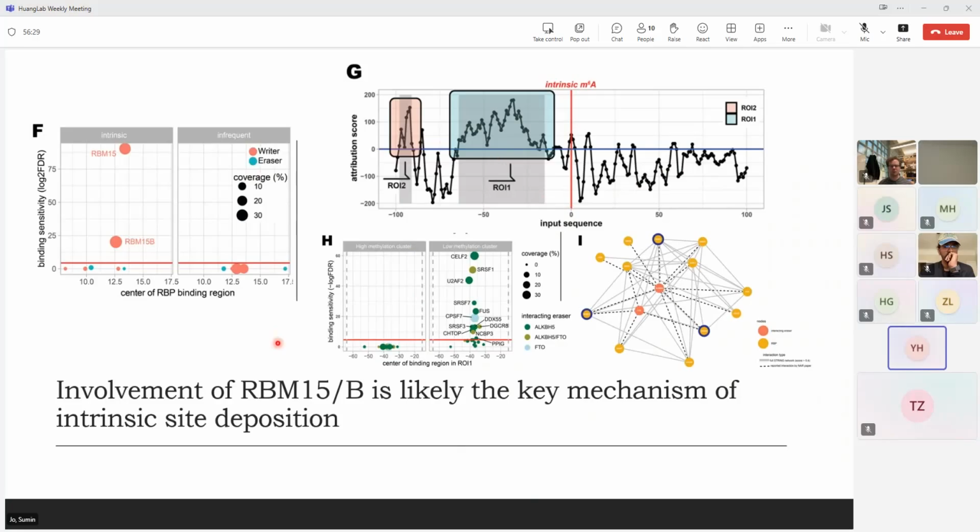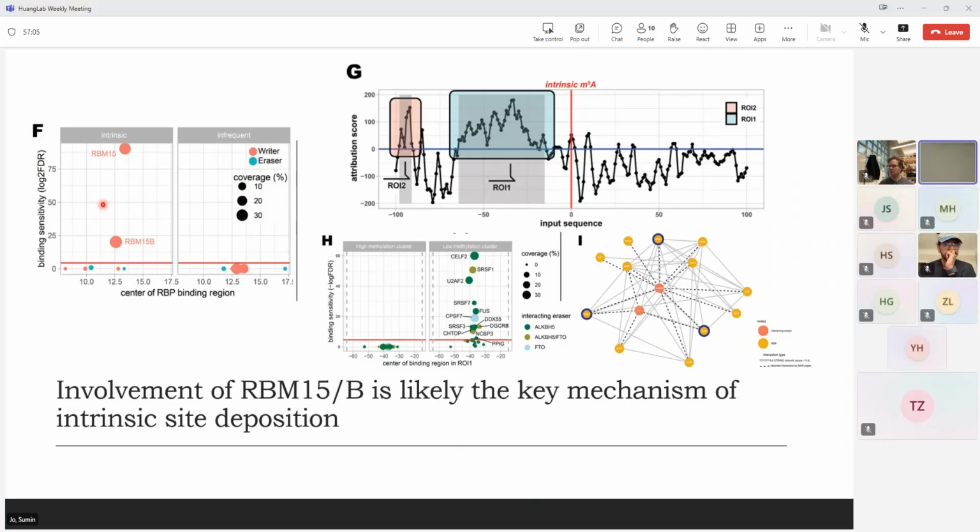When you identified RBM15 and 15B as the key writer proteins, the supplementary writer proteins to methyl 3 and methyl 14, what is the bioinformatics approach that you took to come up with this result?